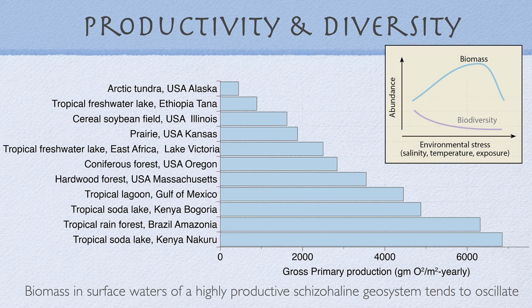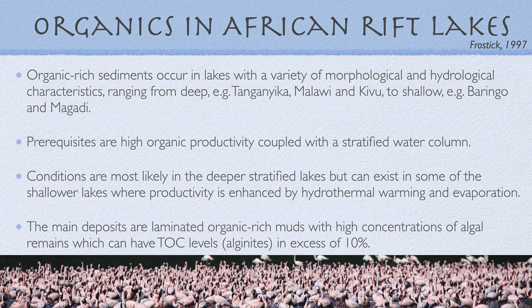It tends to be a system where we see increasing environmental stress. The biomass levels initially go up, but then we see a passage into more hypersaline conditions and levels of biomass rapidly decrease, and we see pulses of organic matter being deposited. So if we go back to the African Rift Valley lakes, we can see that organic-rich sediments characterize a number of these perennial lake bodies.